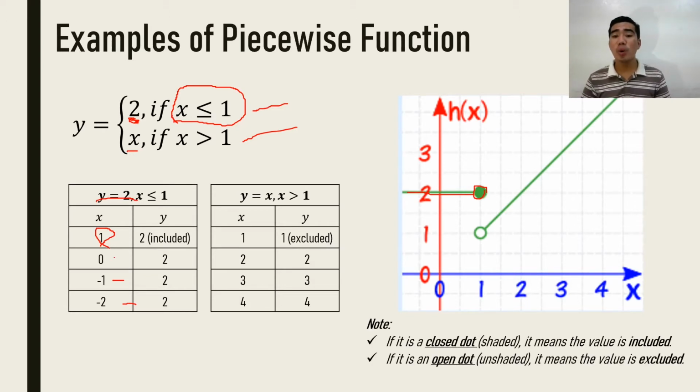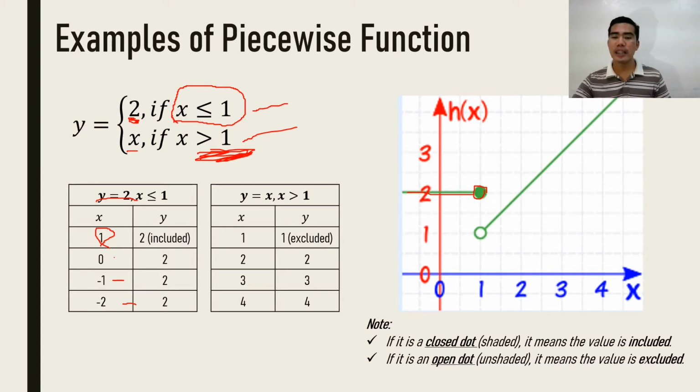if it is a closed dot, like na siya shaded, in other words, included ang ating number. Like in this example, 1, that's why included yung 1, kaya may dot siya. Sa dito naman na side, since hindi siya greater than or equal, so that's why hindi included ang ating 1.